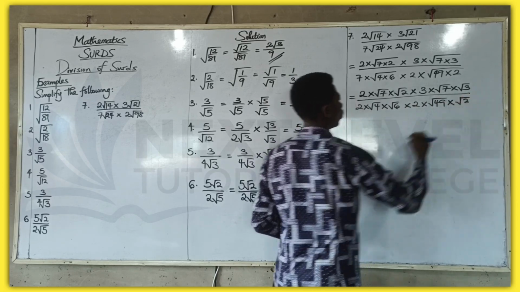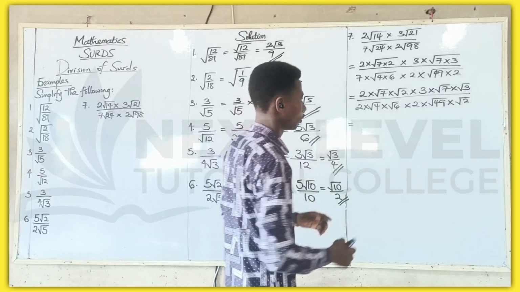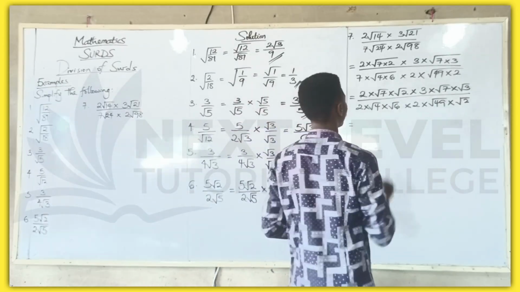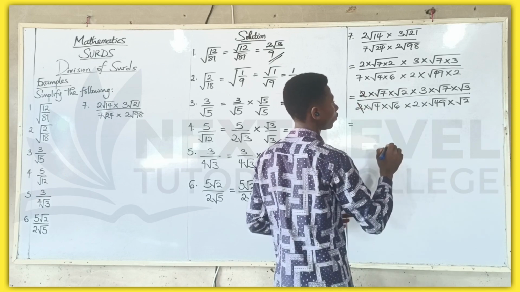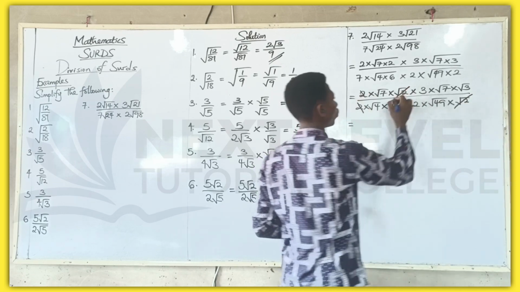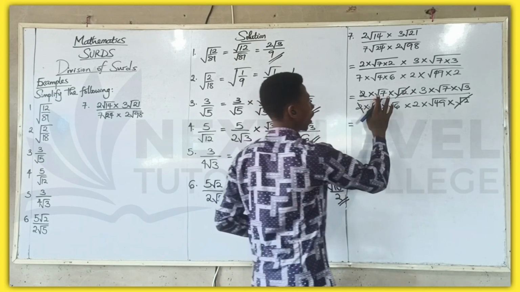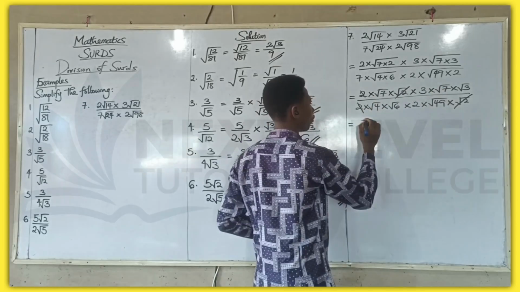Do you see this? So now I can cut where I see an opportunity. For example, I can cut 2 with 2 here. I can cut root 2 and root 2 here. Now, let me not cut. Let me just continue first. We have root 7 times root 7. That will give us 7.